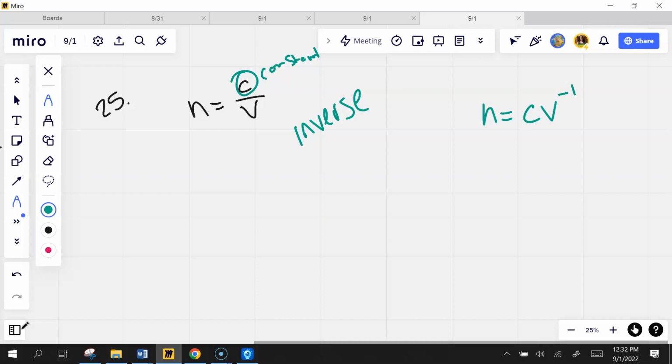What else? Yeah, you would just say n is inversely proportional to v. Which ones did I give y'all to do? 1 through 7, 1 through 9 on, 17 through 47.